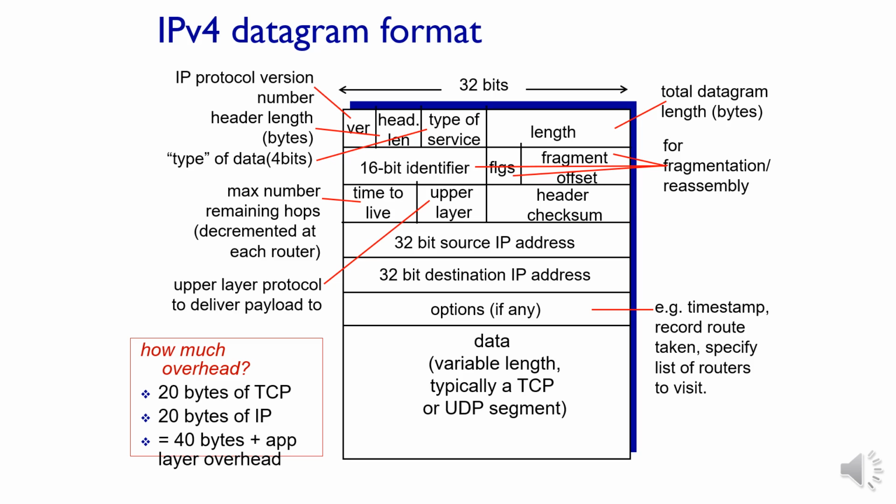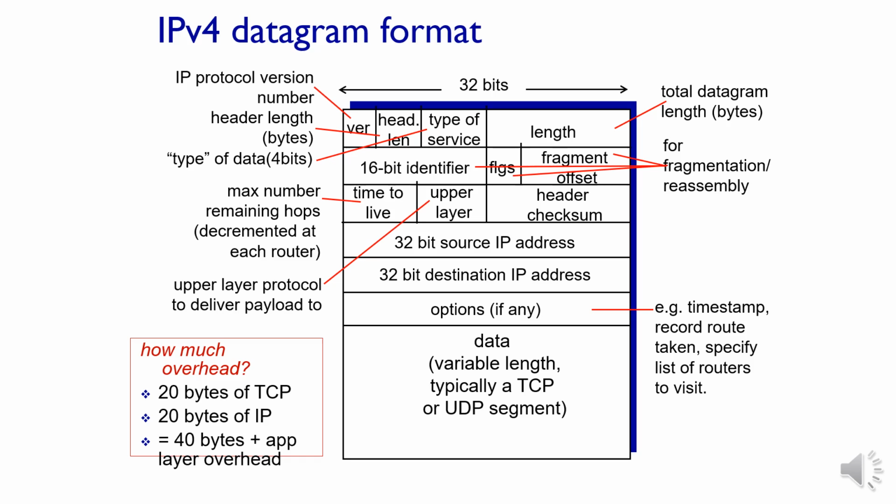VER stands for version, HLEN is header length, TOS is type of service, then length, and the entire row: 16-bit identifier, flags and fragment offset together make fragmentation and reassembling. We will study fragmentation and reassembling in detail in the coming videos.